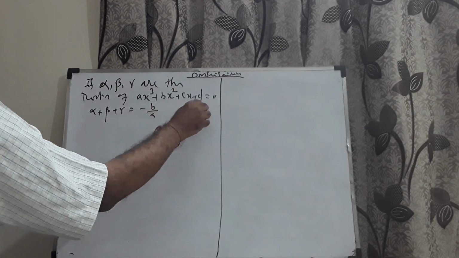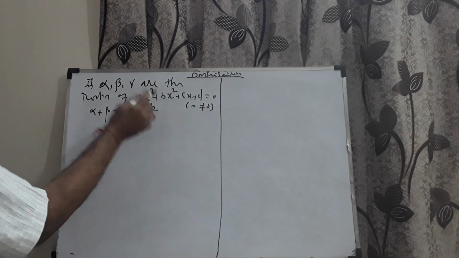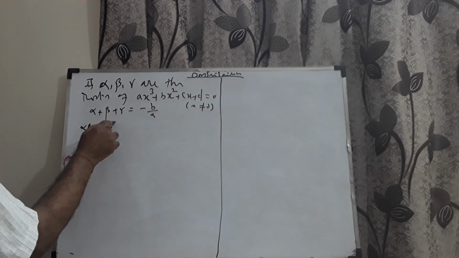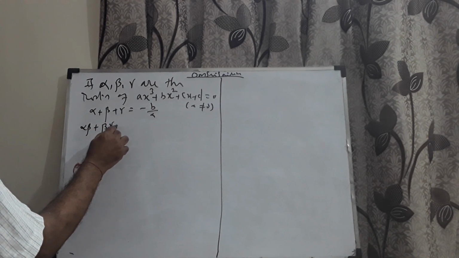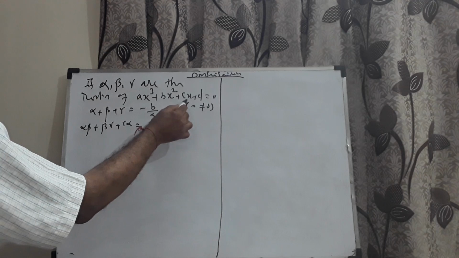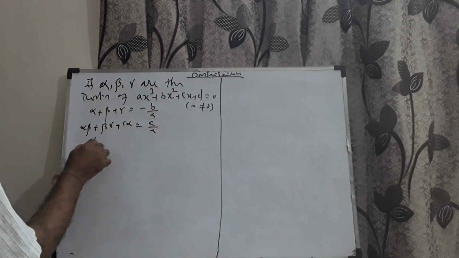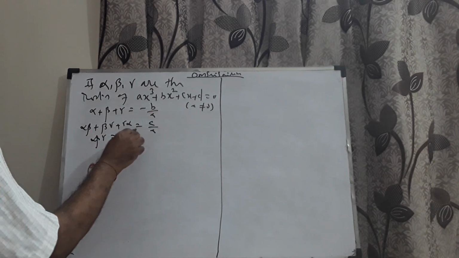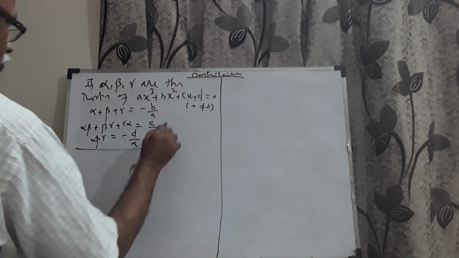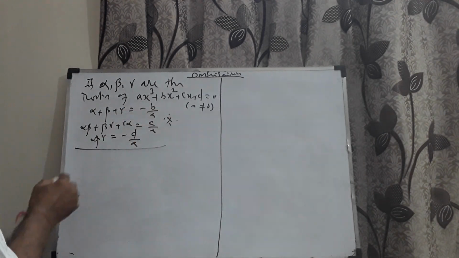Here a not equal to 0. It's very important, otherwise it won't be a cubic expression. Then alpha beta plus beta gamma plus gamma alpha will be equal to c by a, that is coefficient of x by coefficient of x cube. Then alpha beta gamma is equal to minus constant term by coefficient of x cube. This you should anyway remember.